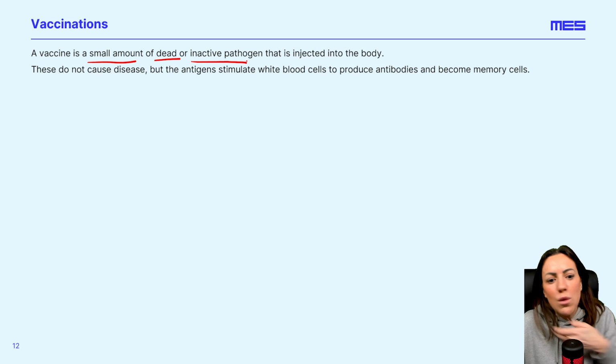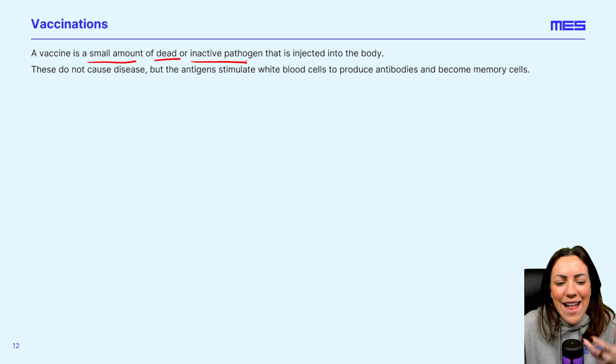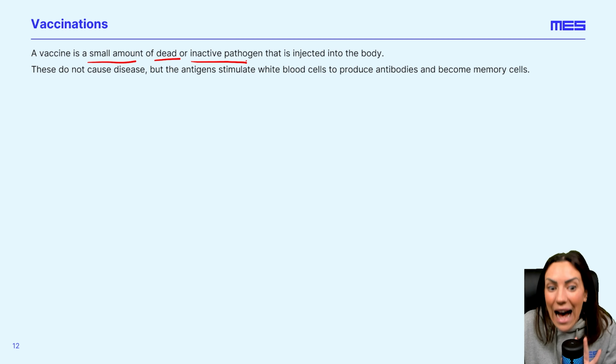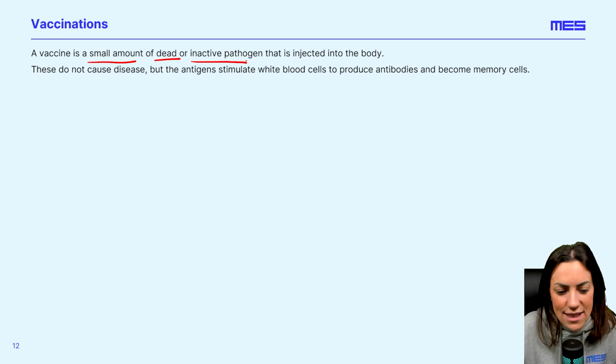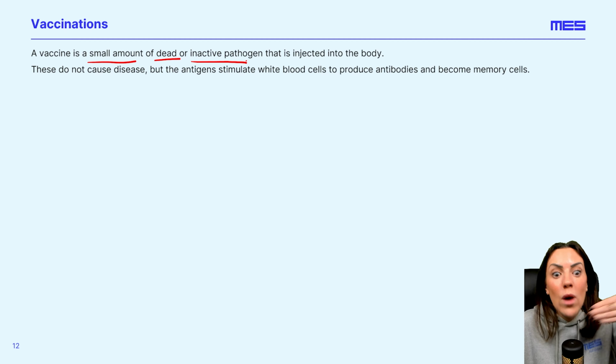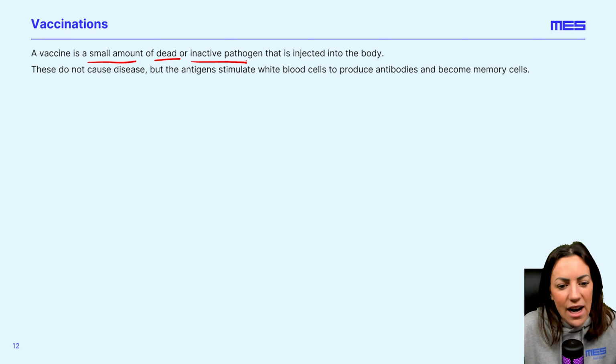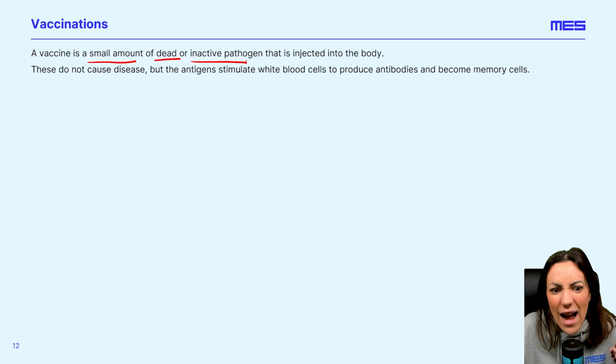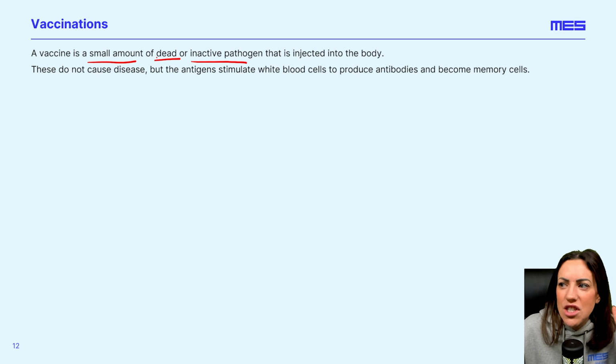They're not injecting you with a runny nose and a sore throat. They are injecting you with the pathogen that causes the disease. So they're injecting you with the bacterium or with the virus or with the protist. But so you don't actually get ill, the pathogen is dead or inactive, or you can say weakened.